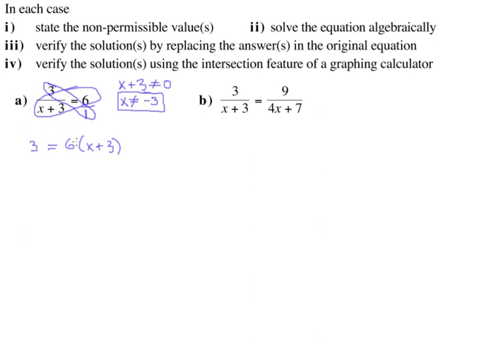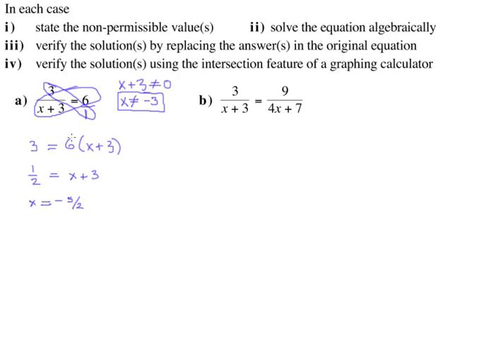If you take this and divide it by 6, you get 1/2 equals x plus 3. And then you subtract 3 from both sides and you get x is minus 2.5 or minus 5 over 2. That was a little bit of a clunky solution.